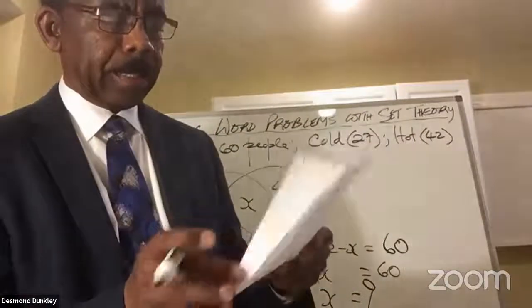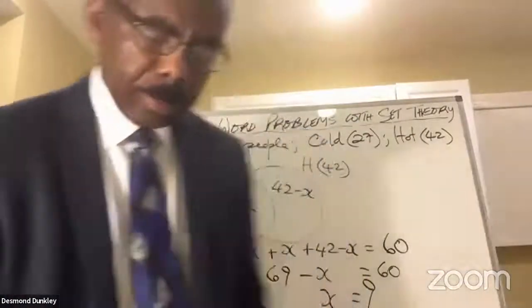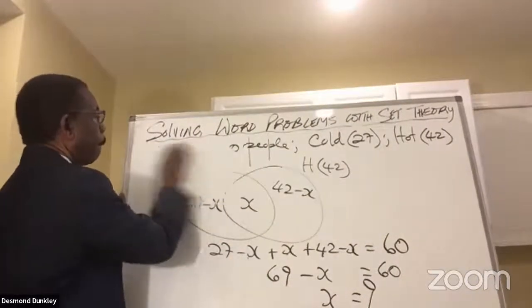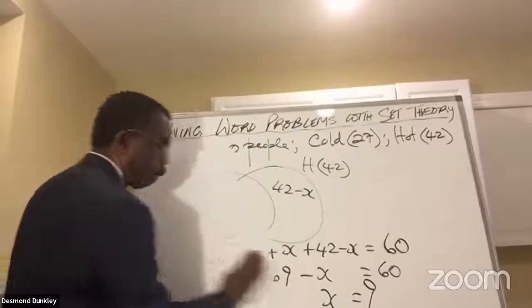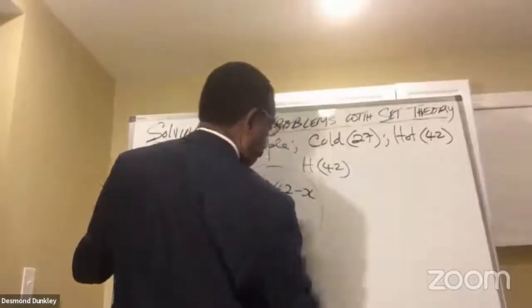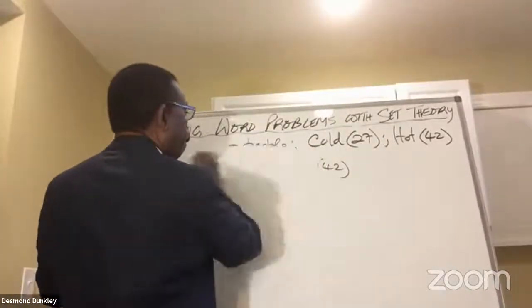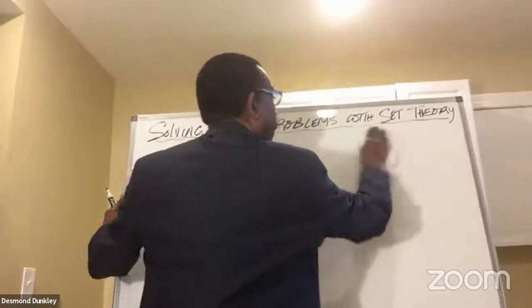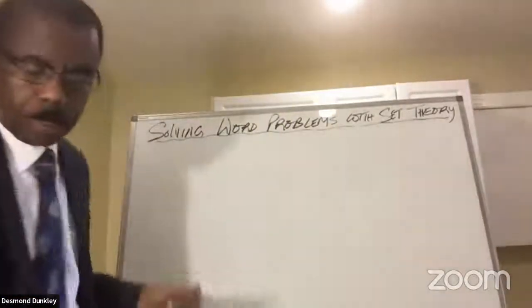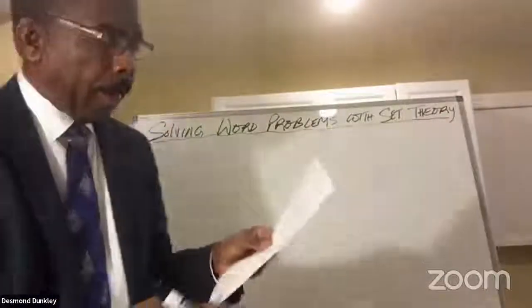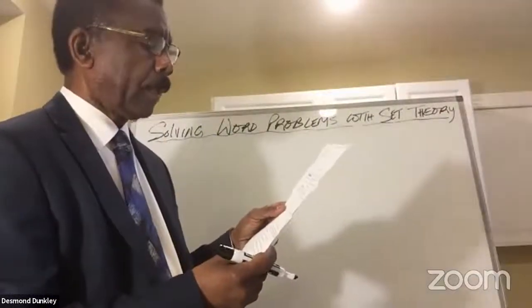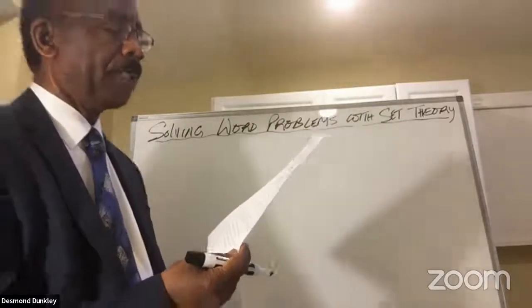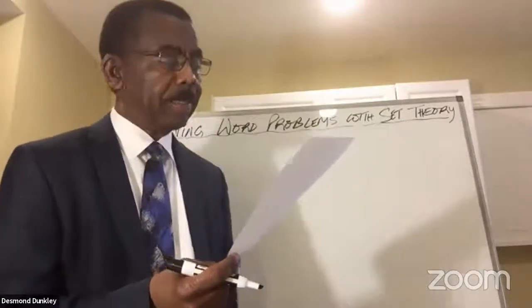Let's see another one. Okay, here goes. There are 35 students in art class and 57 students in dance class.